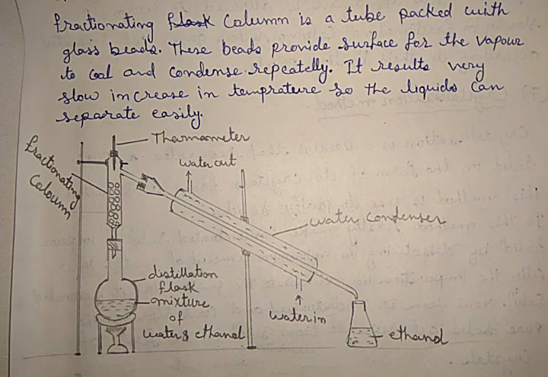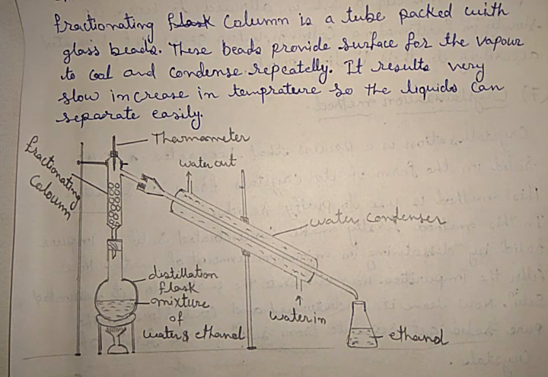When we start the heating, the temperature of the water and ethanol starts to rise. Since they have a very small difference, there is a chance that both liquids convert into vapor. In this situation, the fractionating column helps to separate them.